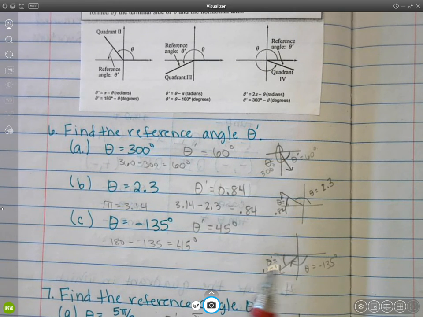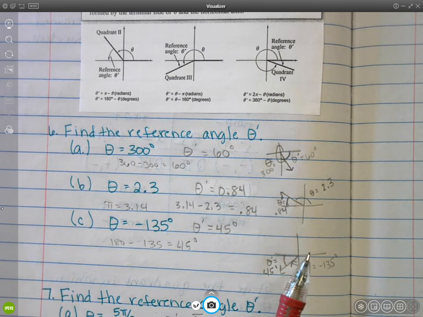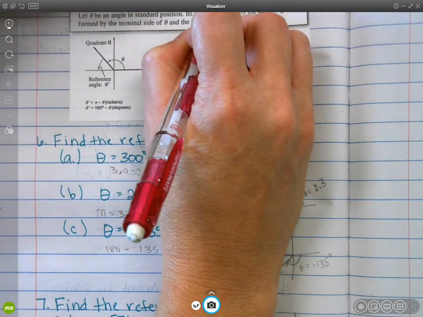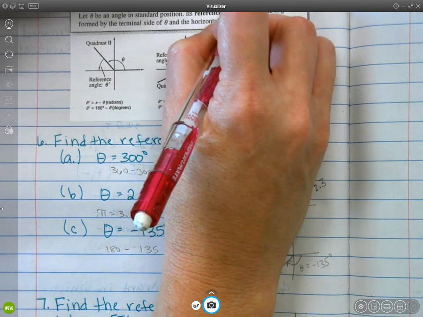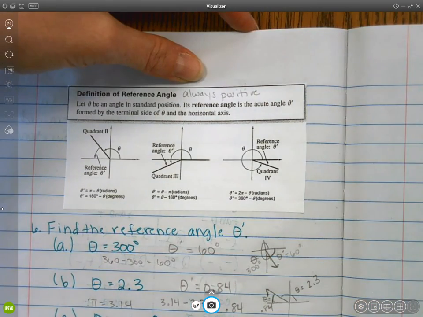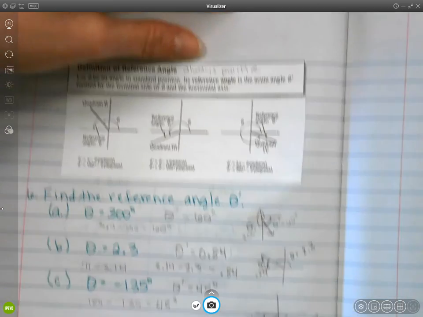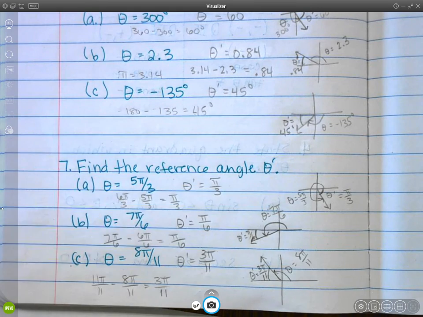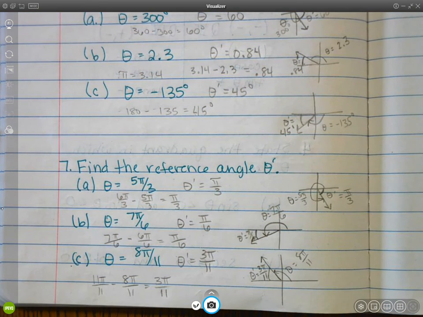Reference angles are always positive. I just wrote always positive up there. Reference angle is always going to be positive. If you are in quadrant 1, you are your own reference angle because you're already less than 90 degrees.